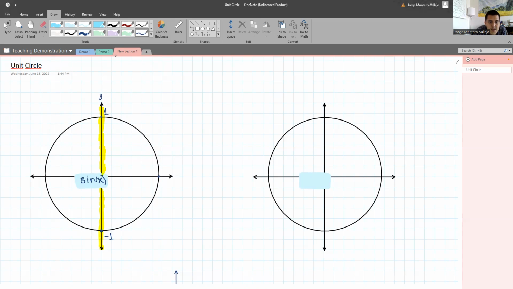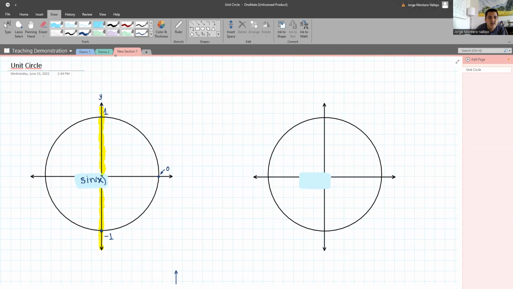So this is 0 degrees, or just 0 radians. You could also see it like that. I'm going to use radians, not going to bother with degrees. Maybe for the table we'll go back to using degrees. So this is the angle 0, and its sine is going to be 0 because its shadow on the y-axis is 0.